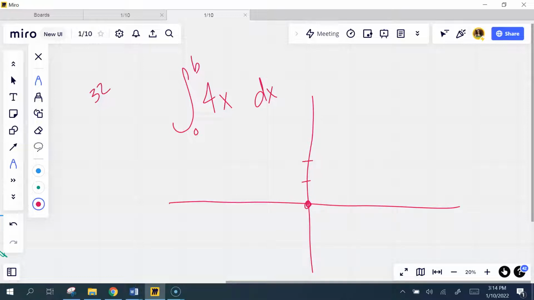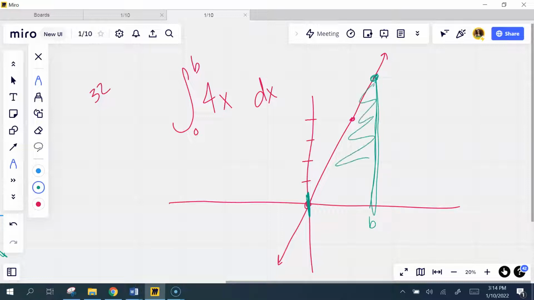So 1, 2, 3, 4, and over 1. And so I've just got this line with a pretty steep slope. And I want to know from here, from 0, to any point, we'll call this point b. What is that area under the curve?